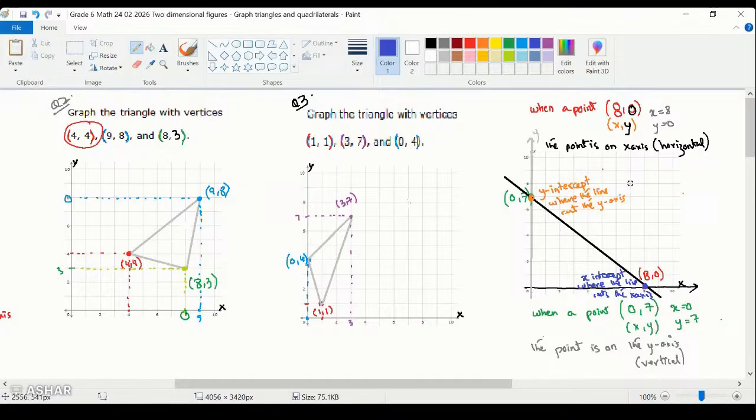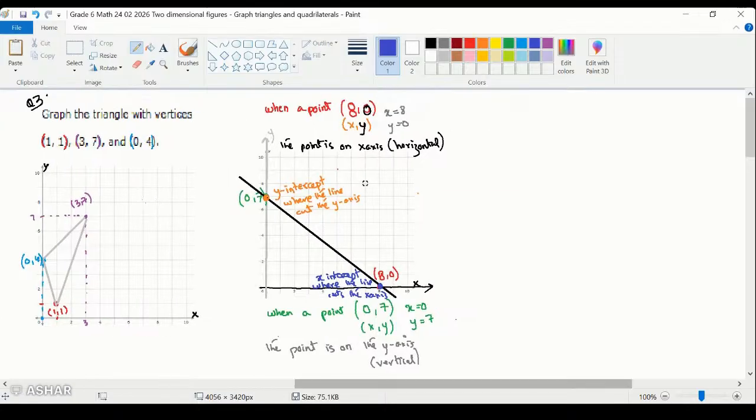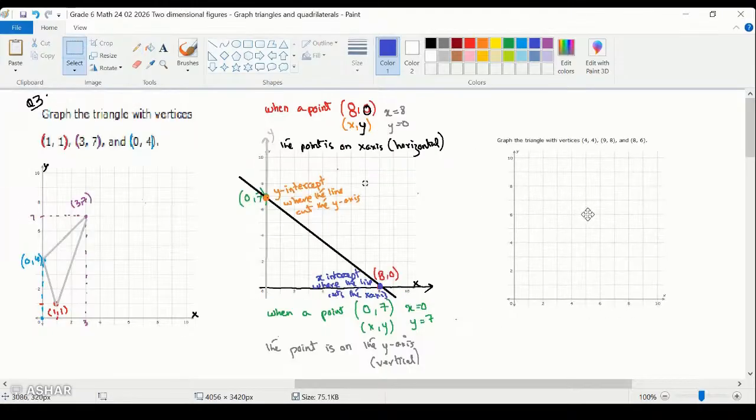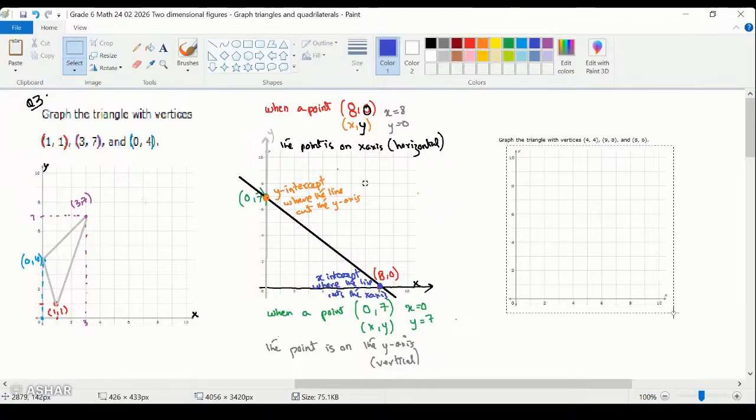So if ever they're using the term intercept, don't get worried about it. I'll show you another example with the intercepts, so we'll make up a question and I'll use the term intercept. I'll just change the values for this given question. Rather than giving you the coordinate, I would use the term intercept.